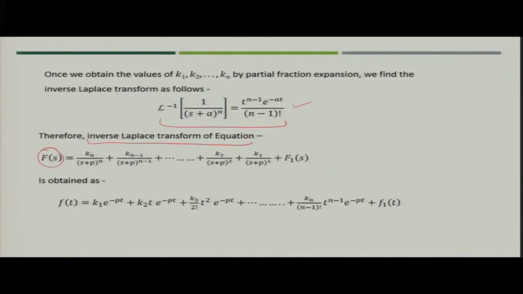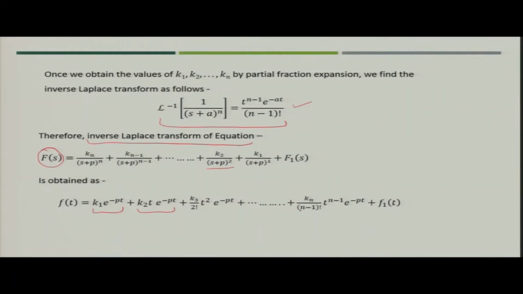If you compile the individual terms, for the first one you can simply write K1 into e to the power minus pt. For the second you can write K2 into t e to the power minus pt, and for the third term similarly you can write K3 upon 2 factorial into t square e to the power minus pt, and so on.